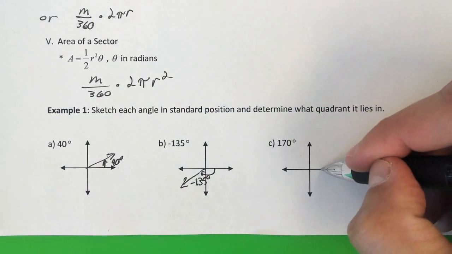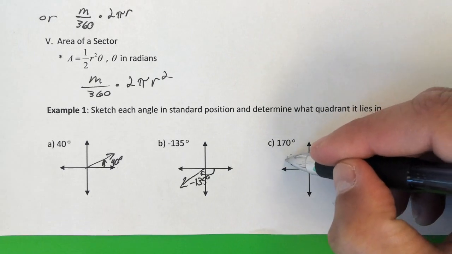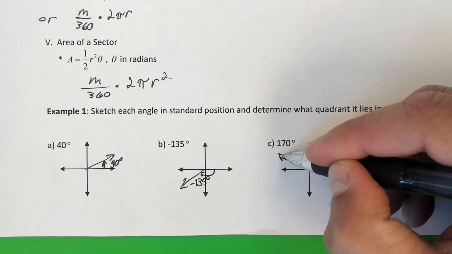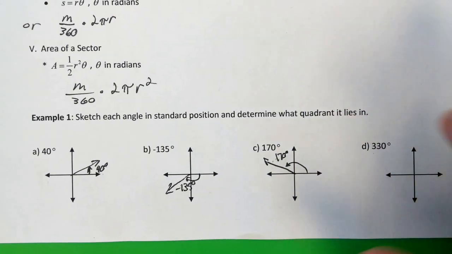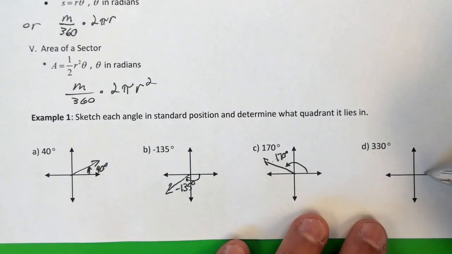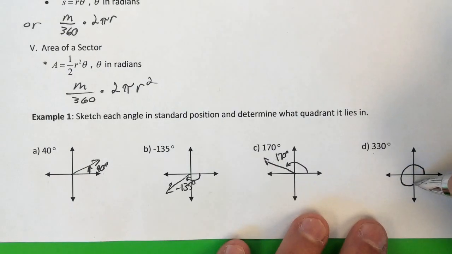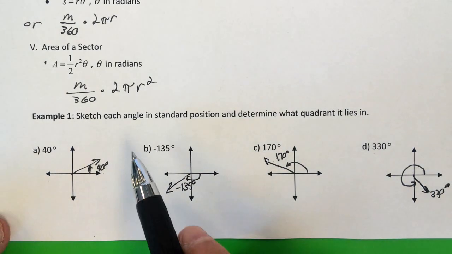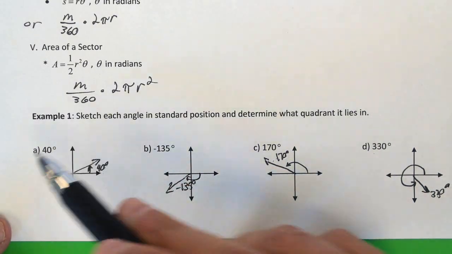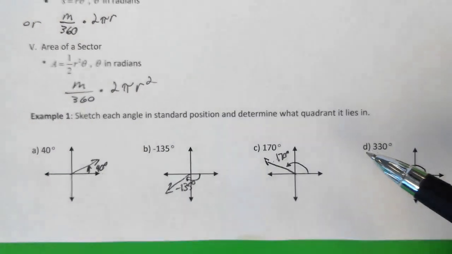So 170 is positive, so I'm going to work this way to where 170 should be. And 330, I'm going to work all the way around to here, right? So negative, I'm going clockwise, positive, I'm going counterclockwise, right?